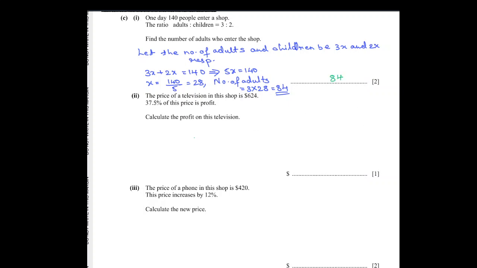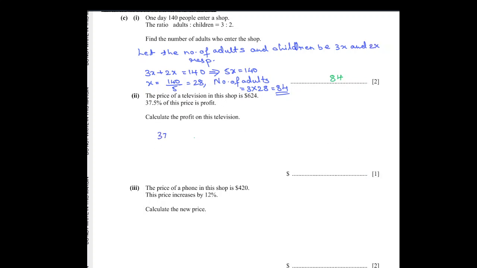Question number 2. In C, the price of a television in this shop is $624. 37.5% of this price is profit. Calculate the profit on this television. So percentage is given, we need to just find the profit.